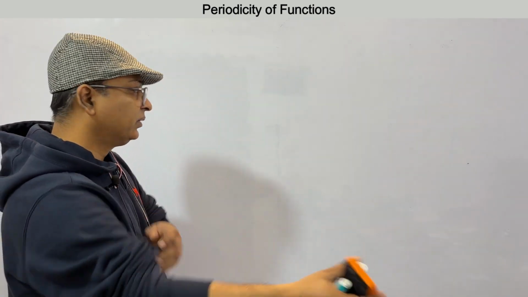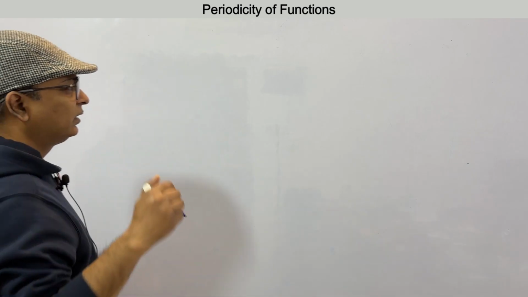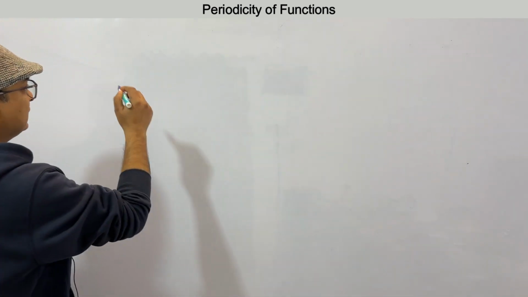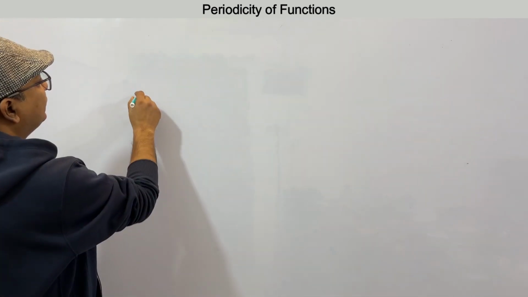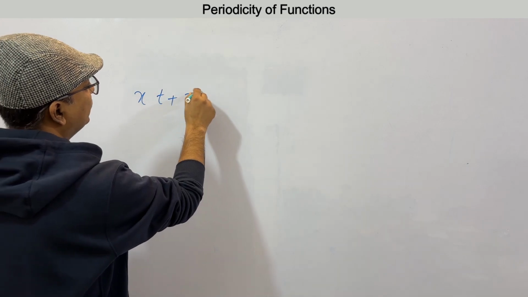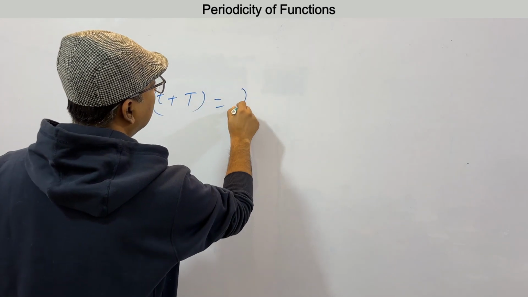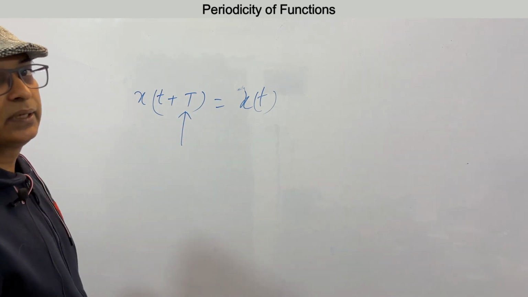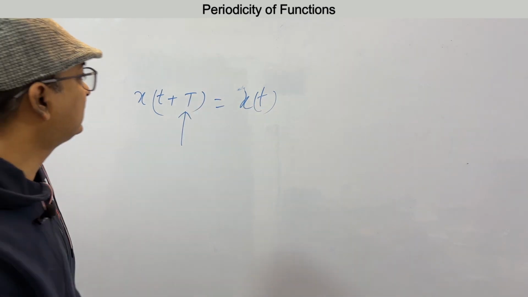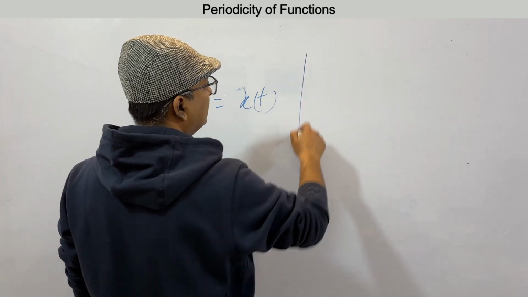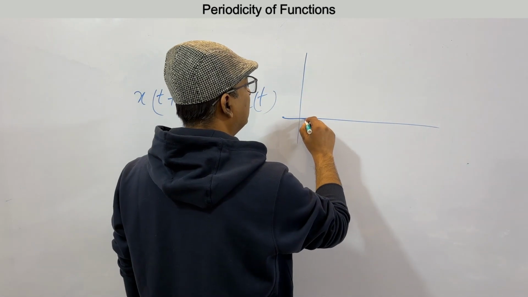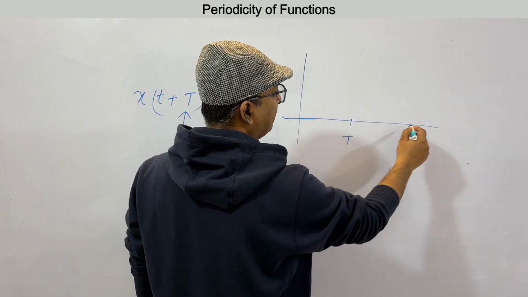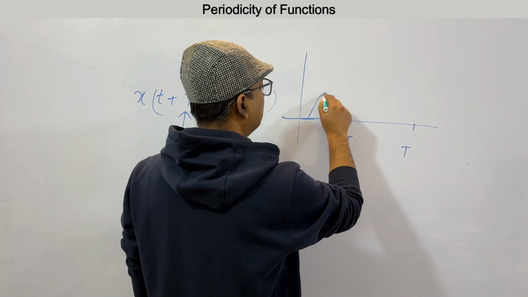You must have studied periodicity in your 11th, 12th classes. Let's have a recap. If we have a signal which repeats itself after certain time T, then this is a periodic signal. That is x(t+T) is x(t). Graphically, let's say this is T, and our signal is like this.